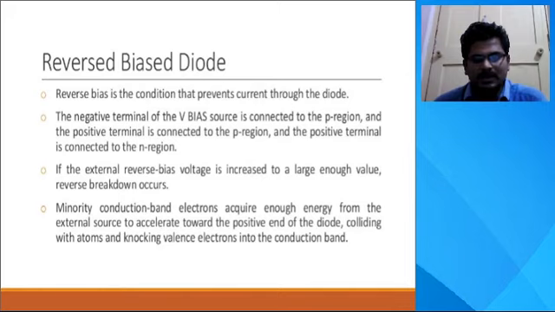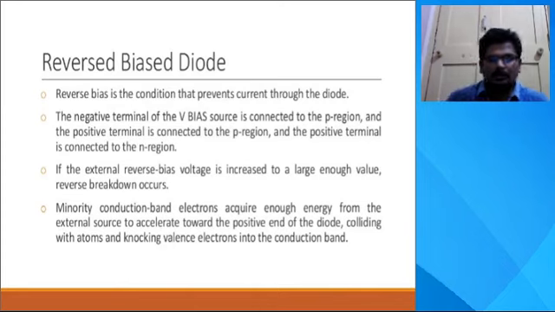If the external reverse bias voltage is increased to a large enough value, then reverse breakdown will occur. So minority conduction band electrons acquire enough energy from the external source to accelerate towards the positive end of the diode, colliding with atoms and knocking valence electrons into the conduction band.